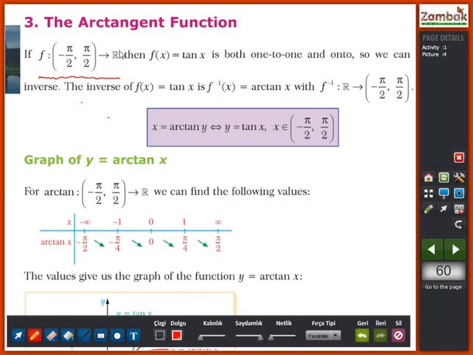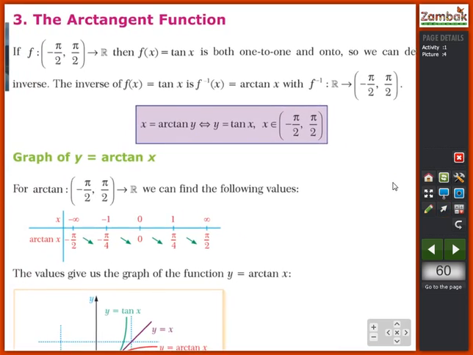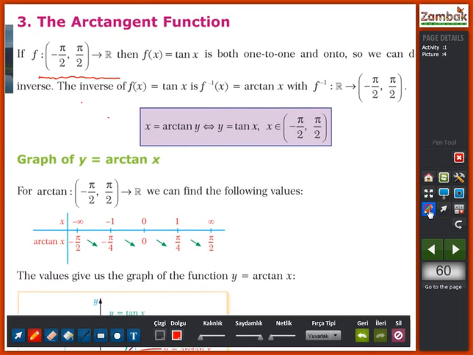And we have the inverse of the function, and the inverse does the opposite of what the function does. So the domain of the inverse function is all real numbers, the range of the function, and the range of our inverse function is between minus pi over 2 and pi over 2, which is the domain of our function.